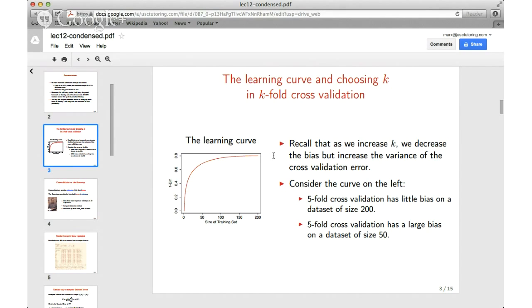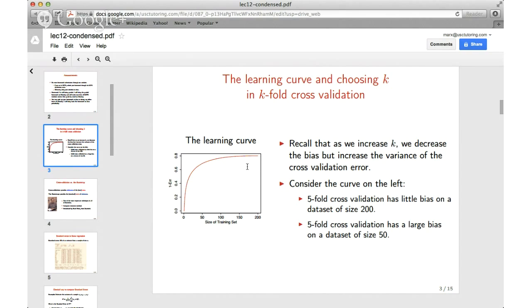So let's look at the plot a little bit here. What we see is that as you increase the size of the training set, which means you're training on a lot of data, you actually decrease bias, because whatever you estimate is not biased.